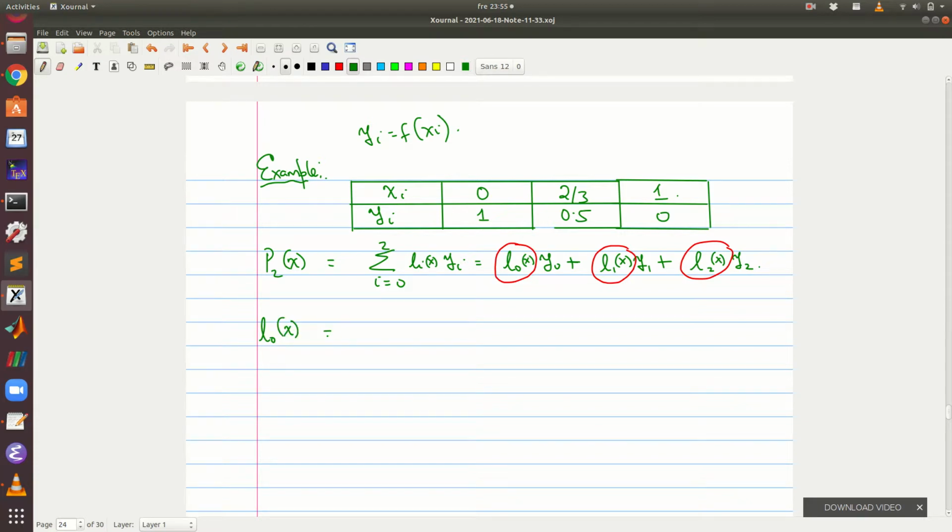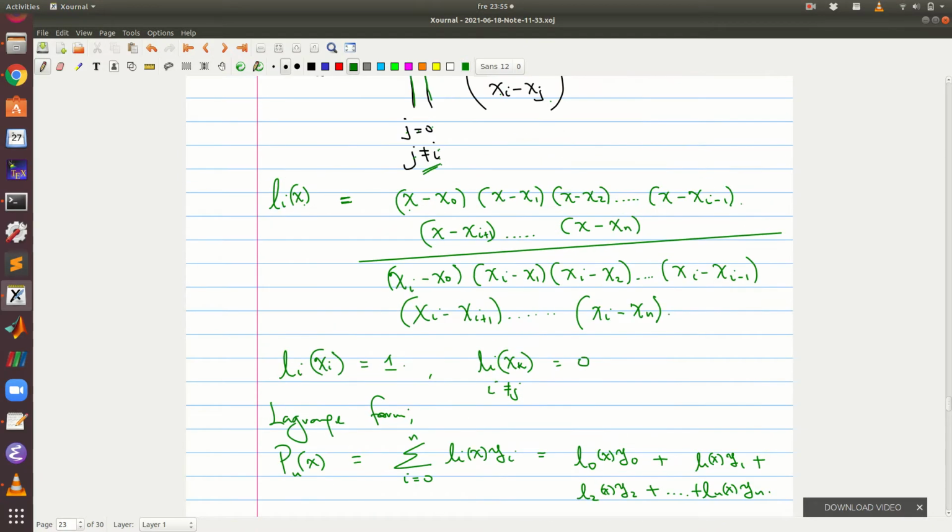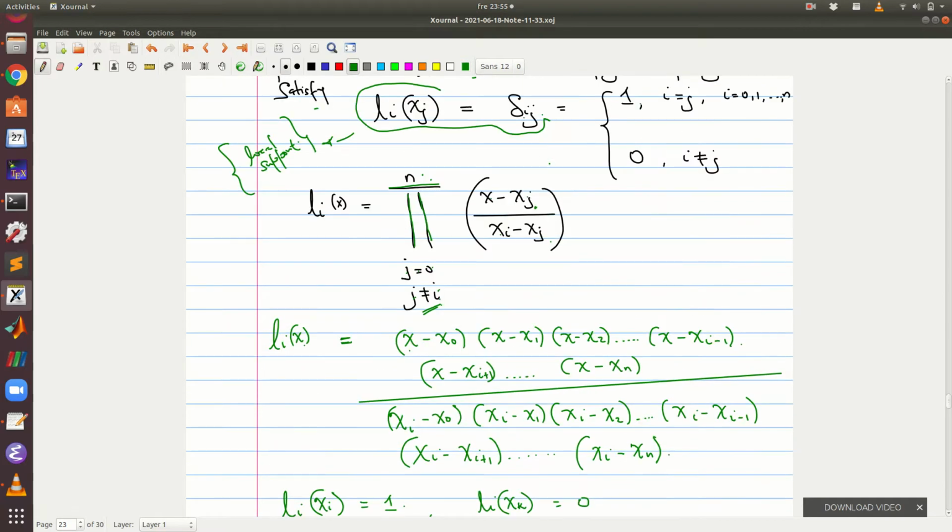To find L0 of x, we are simply going to substitute. How do we find L0 of x? Remember, we just wrote down our form for Li of x. It is this product here.